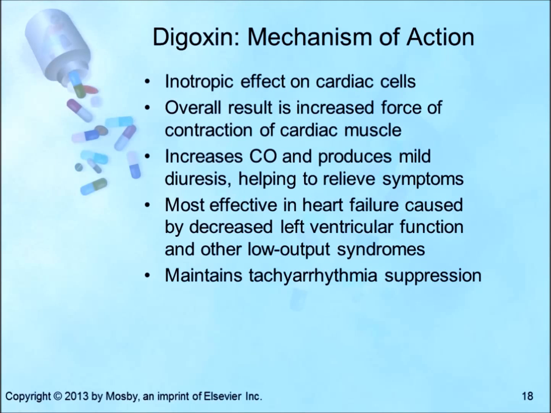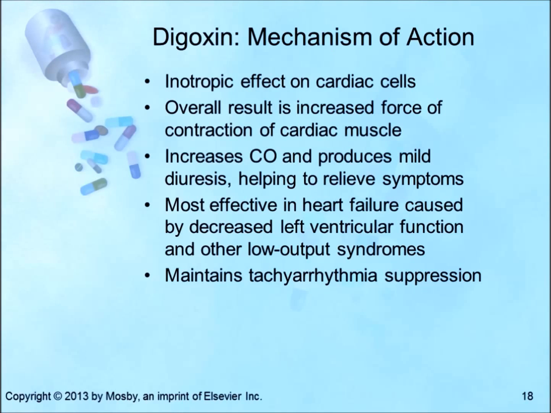The increase of the sodium-calcium exchange and subsequent calcium accumulation in the sarcoplasmic reticulum causes activation of cardiac contractile proteins, actin and myosin as well. The overall result is increased force of contraction of the cardiac muscle.